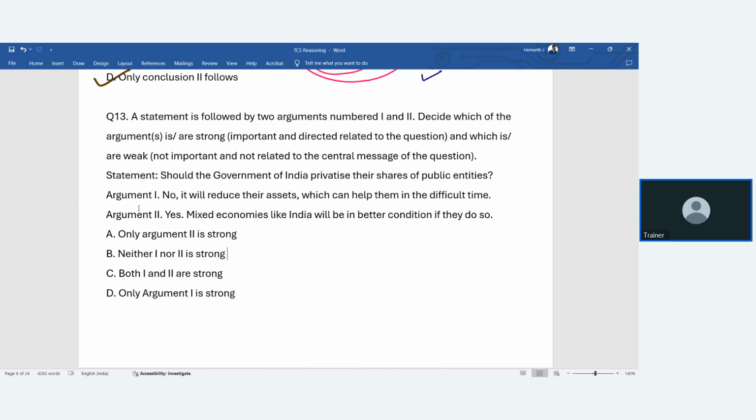Argument one says no, argument two says yes. Sometimes both will be strong, depending on the reason given. That reason should be clear. Which one is fine, what do you feel? Let me know which argument you feel is correct, the first one or the second one? Both. Yes.